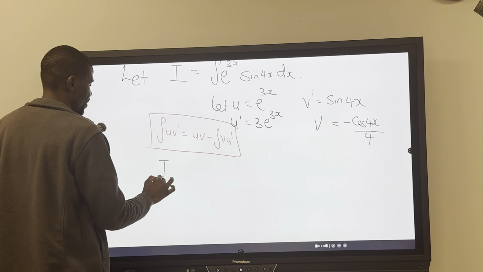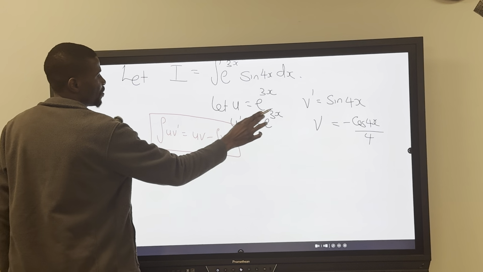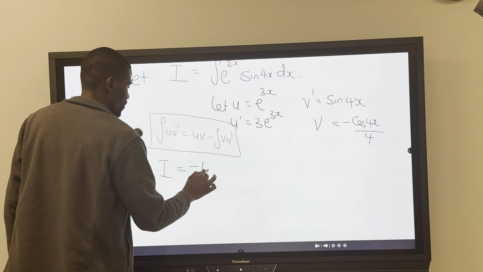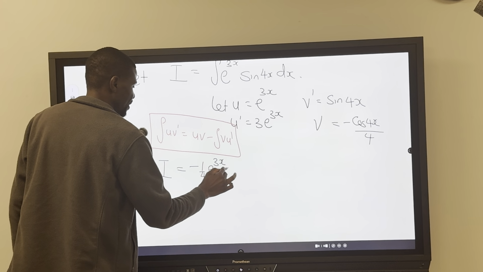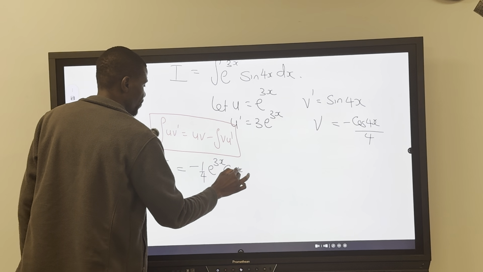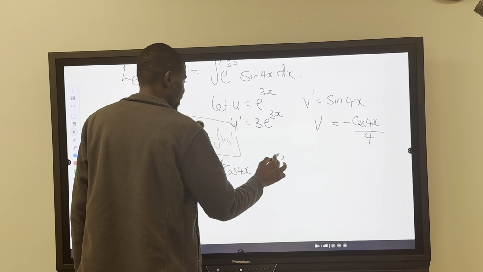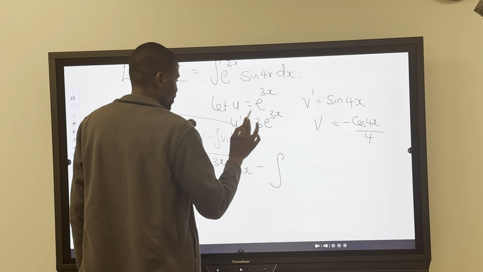I equal to uv, so it's negative 1 over 4 e to the 3x cosine of 4x, minus the integral of v du.